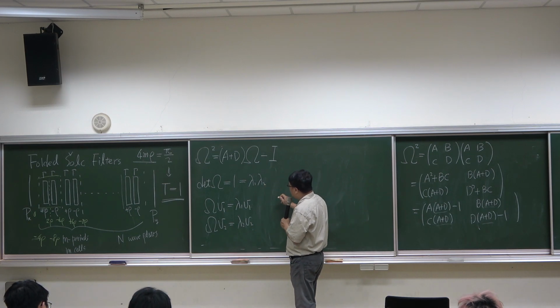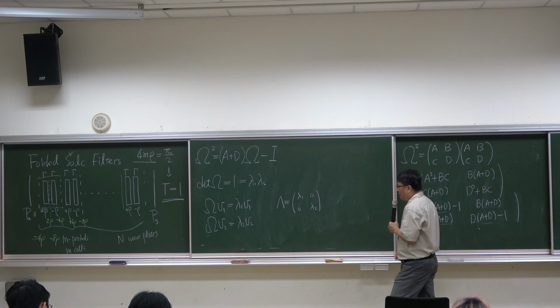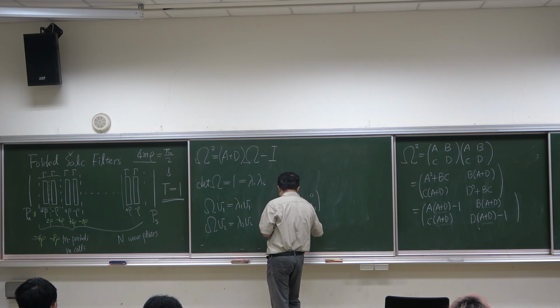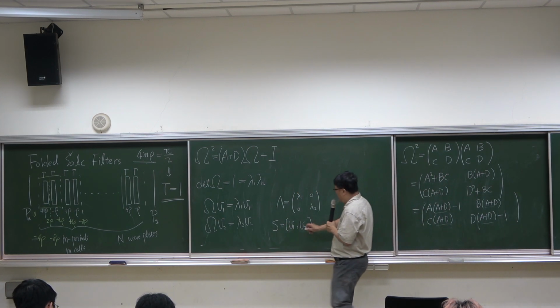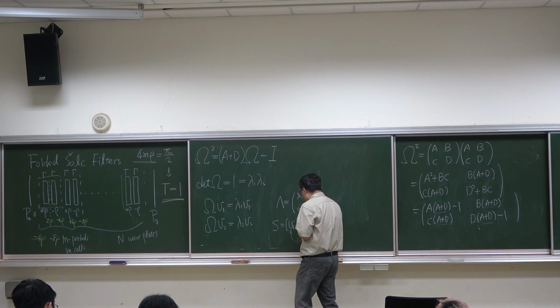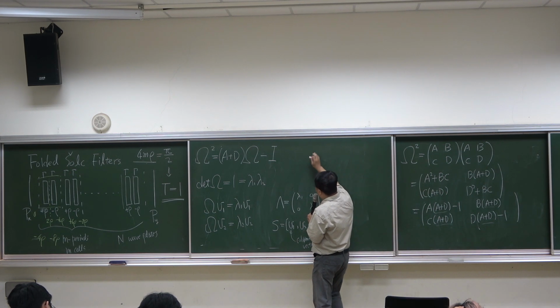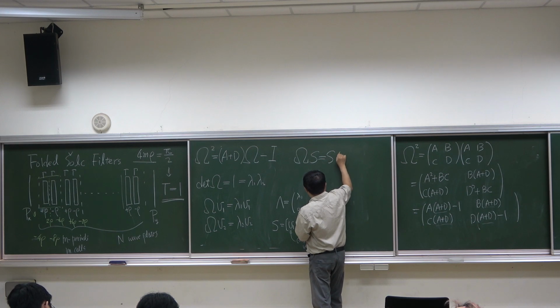Then if I define lambda as the diagonal matrix, and denote this as the S matrix, where V1, V2 are both column vectors, we can write this as omega S equal to S lambda.